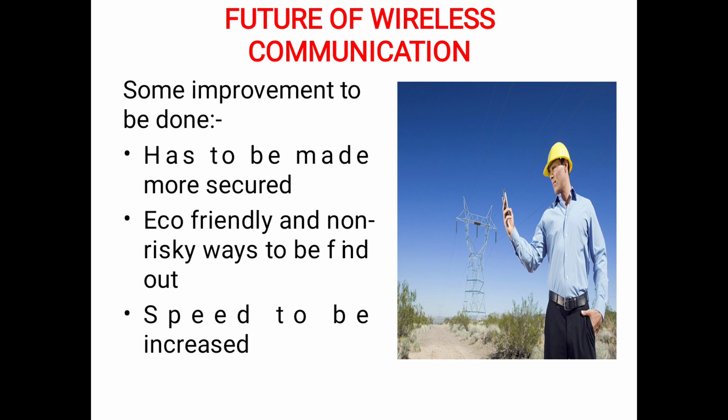Then the speed has to be increased. For wireless, some noise also has to be reduced, and speed is affected by any obstructions. For hacking and any information loss, it has to be in a secure mode.